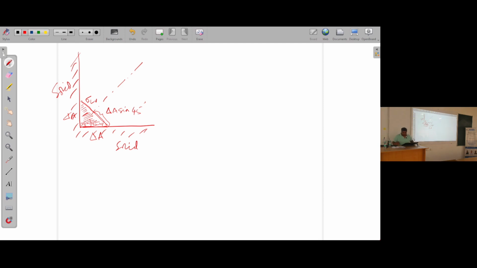So one way to look at it is the surface energy of this as projected onto the surface. It has to touch the surface, it has to fill the surface. So if you project this surface energy onto the surface, then on the surface delta A, you can say that the surface energy is going to be sigma LV delta A, that is joule per meter squared times meter squared, so joule, times sine 45.